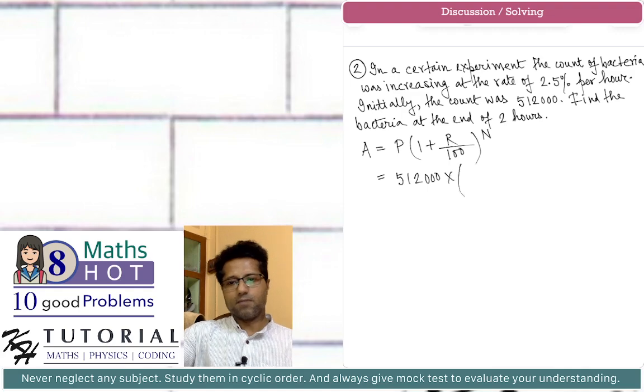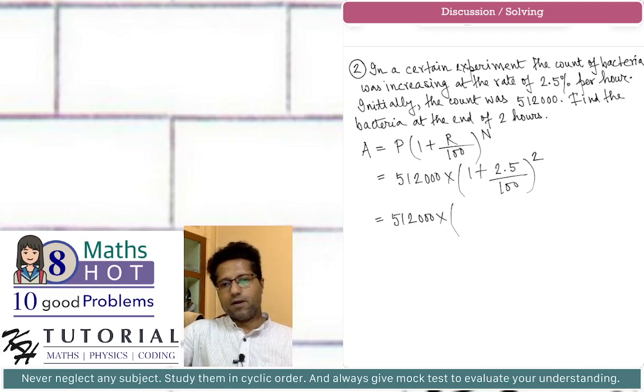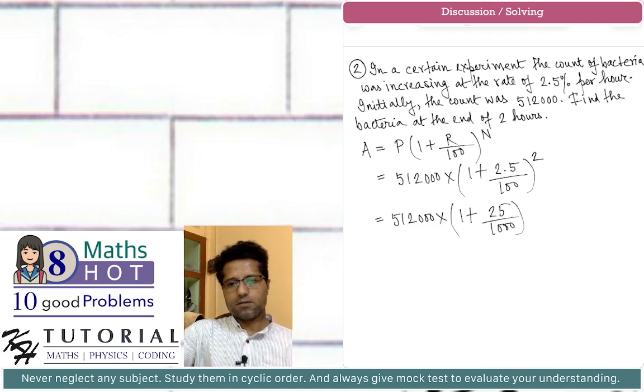This multiplied by 1 plus R is 2.5 divided by 100, to the power 2. This is equal to 512,000 multiplied by 1 plus 2.5 by 100, squared. 2.5 by 100 is 25 by 1000, squared.